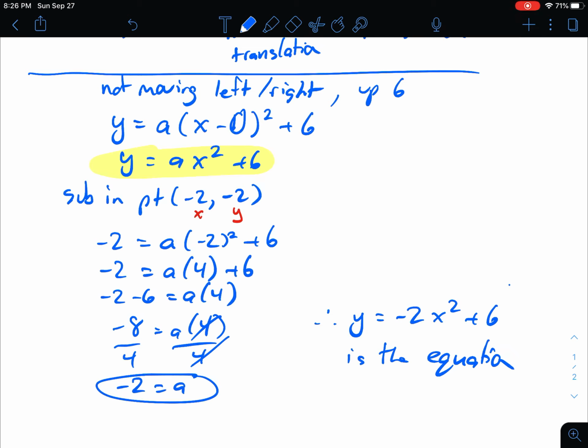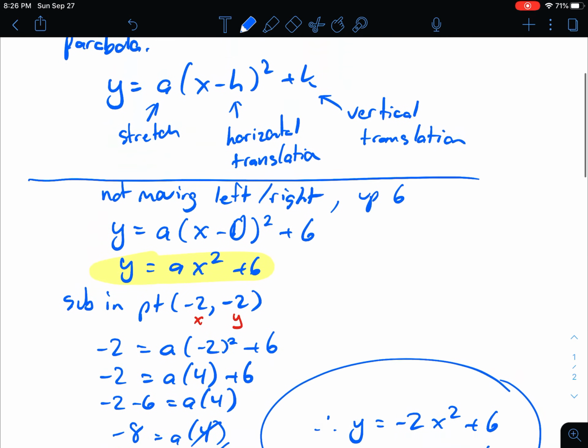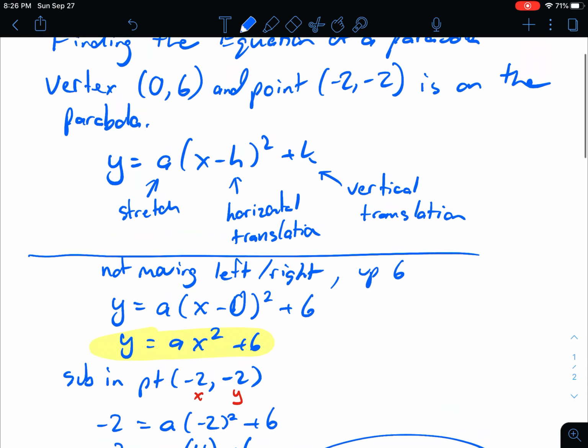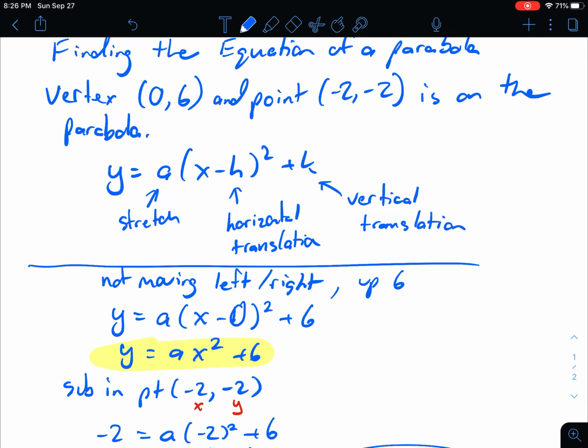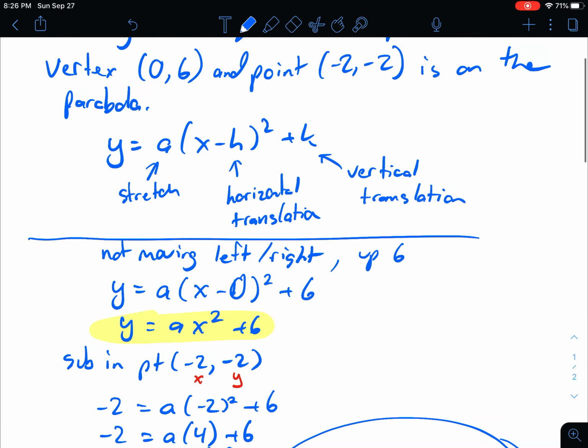And that is my final answer for this question. Again, this strategy will work for simple parabolas where you're only working with 3 transformations. In some of the more advanced math classes, you're going to have 4 transformations, including a horizontal stretch and compression, and this strategy will not work, not in the same way at least.